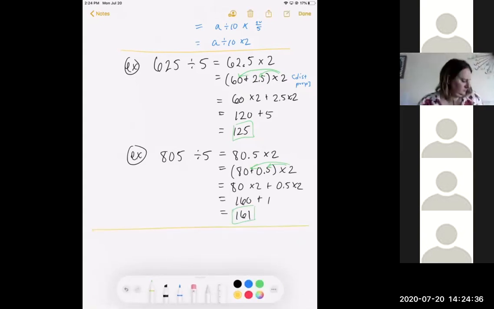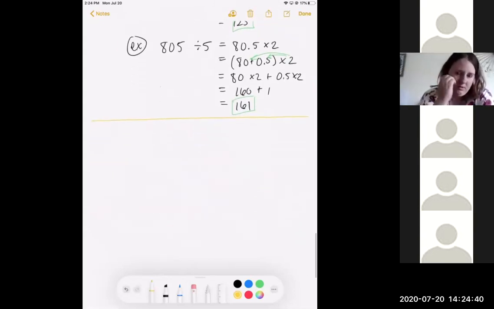The last one that we're going to do is dividing by 25. Mental math. Okay. And the rule is divide by 100 and then multiply by 4.